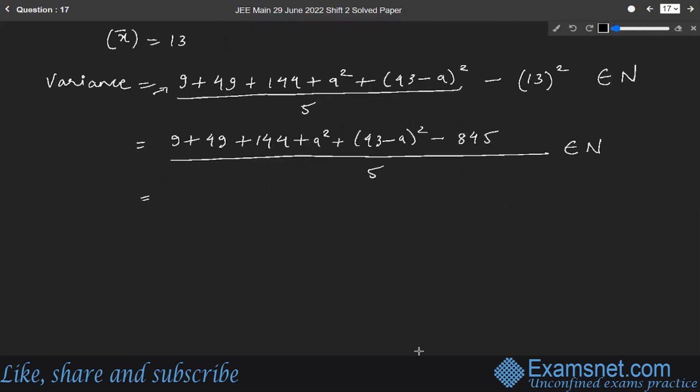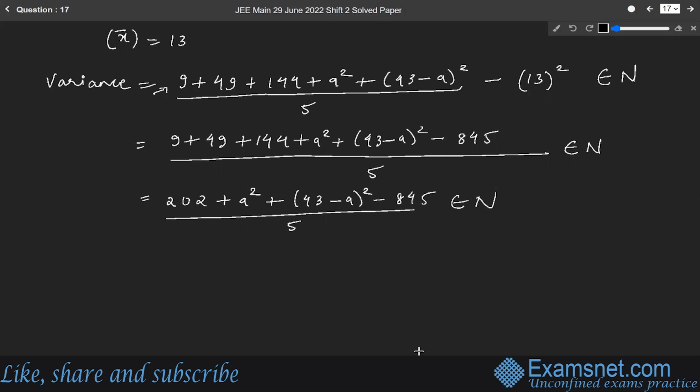So now we have to add these values. 9 plus 49, right? 9 plus 49 plus 144. What is 9 plus 49 plus 144? It is 202 plus a square plus 43 minus a square minus 845 divided by 5. It belongs to N. What is N here?